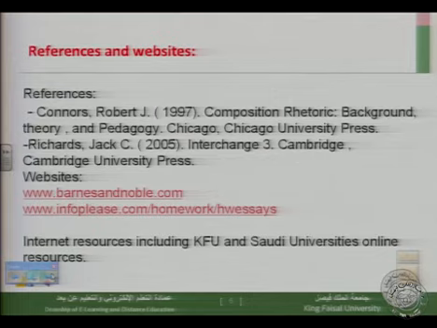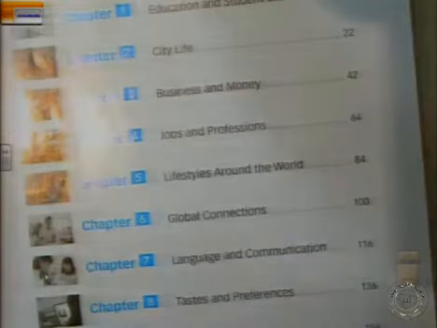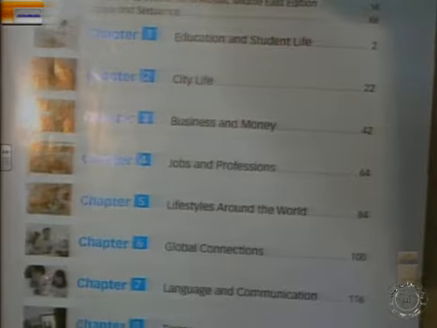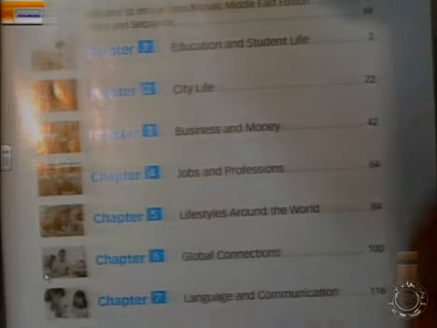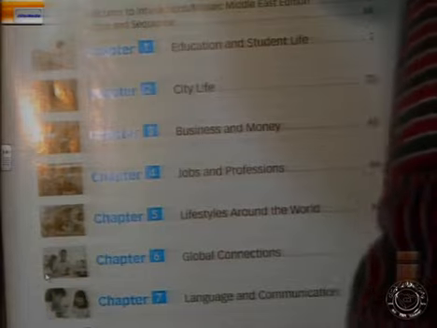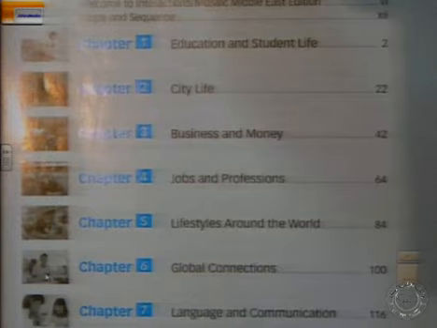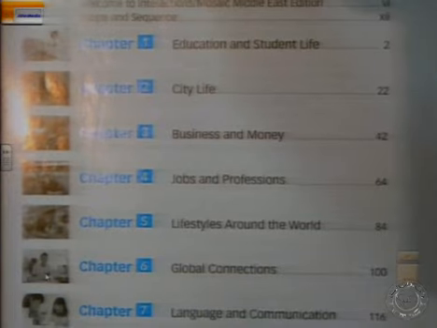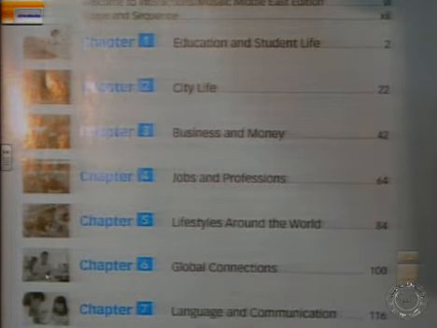Now I will speak about the content of the book. We will see different chapters that you will find in this book. The book consists of 10 chapters. Chapter 1 is Education and Student Life. Chapter 2 is City Life. Chapter 3 is Business and Money.